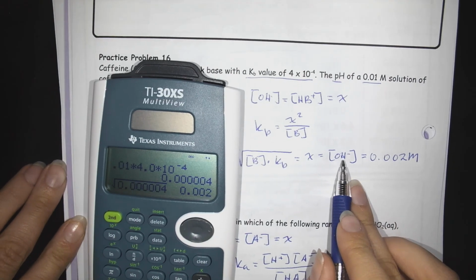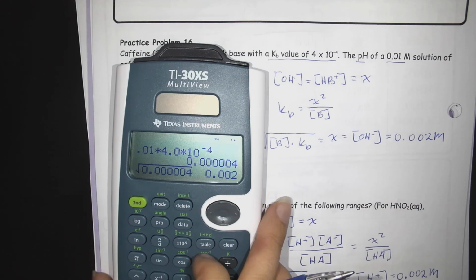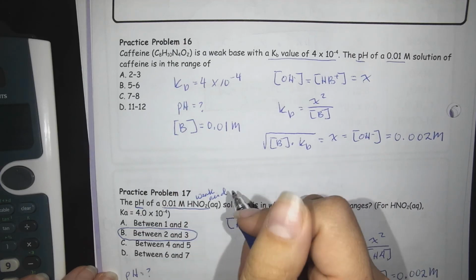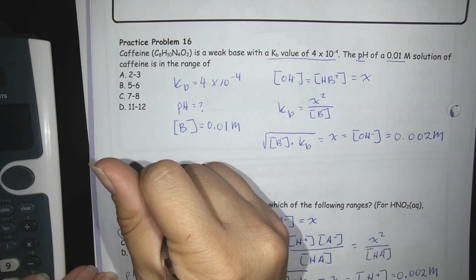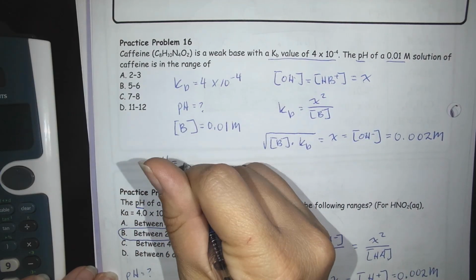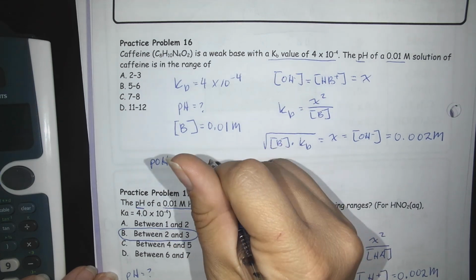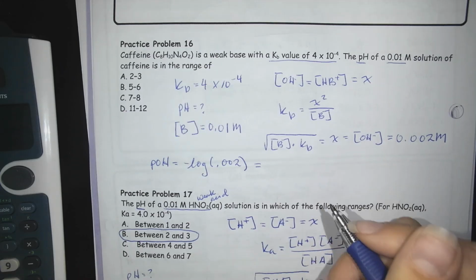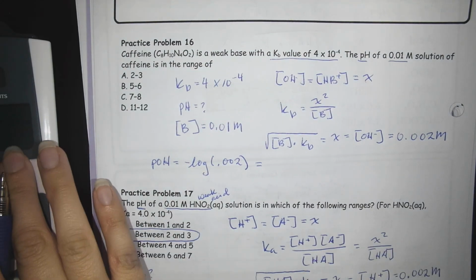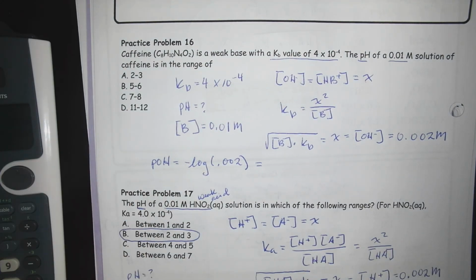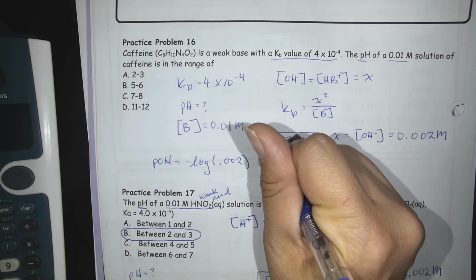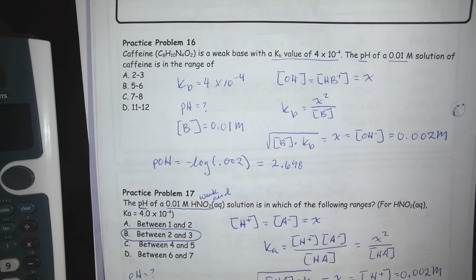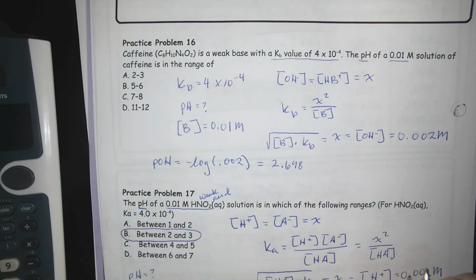But this is not the concentration of H+, it's the concentration of OH minus, hydroxide. So if I take the negative log of that, it's not pH, it's pOH, right? pOH is equal to the negative log of 0.002, which we know is equal to 2.698, etc. Okay, that's the pOH.